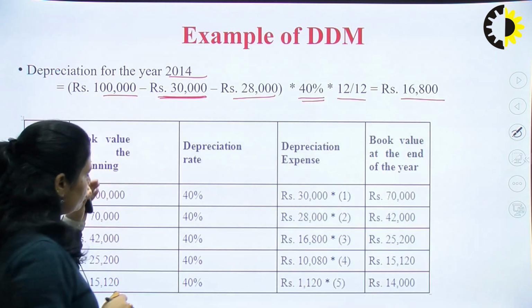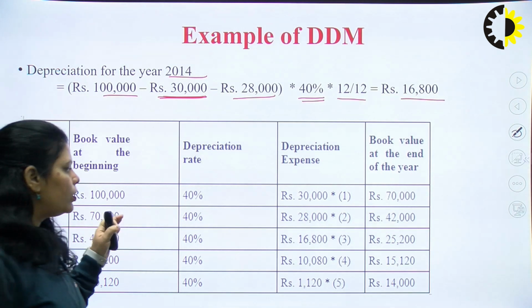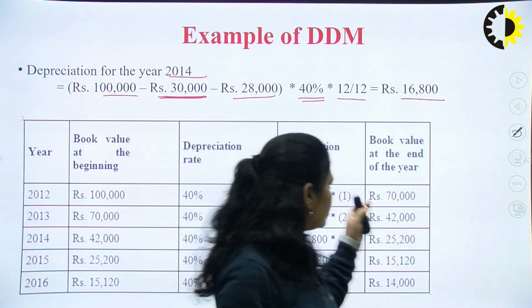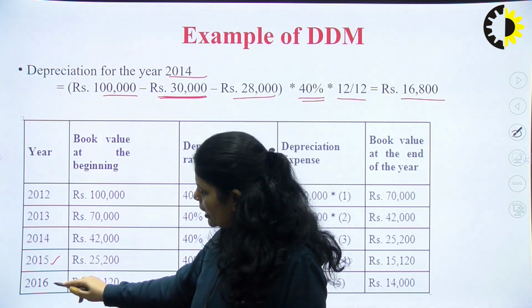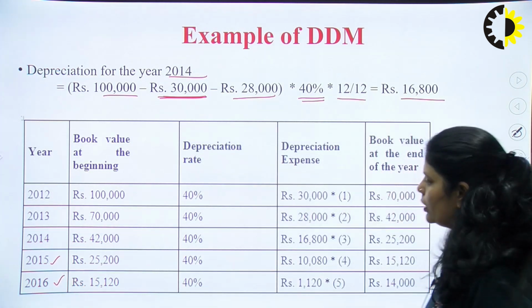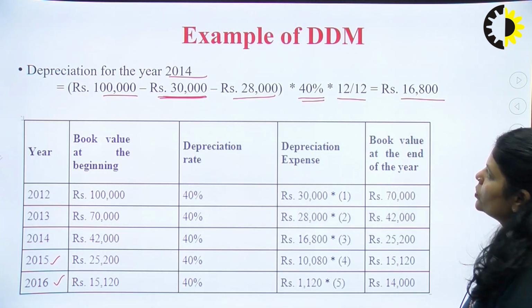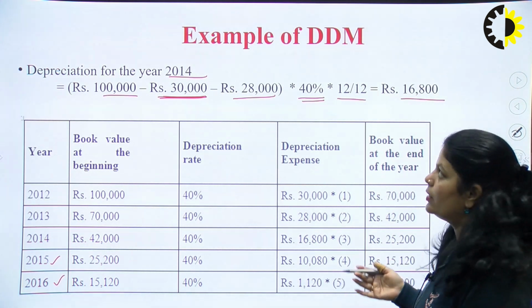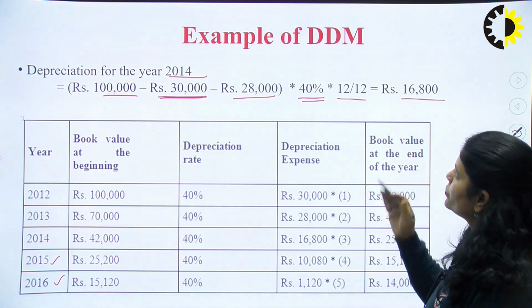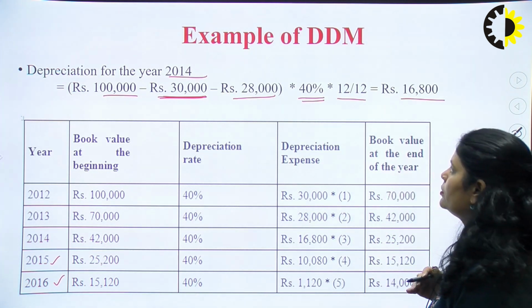We have shown in this table the depreciation expenses during the years 2015 and 16 also. In this way we can calculate the depreciation expense using the double declining method.